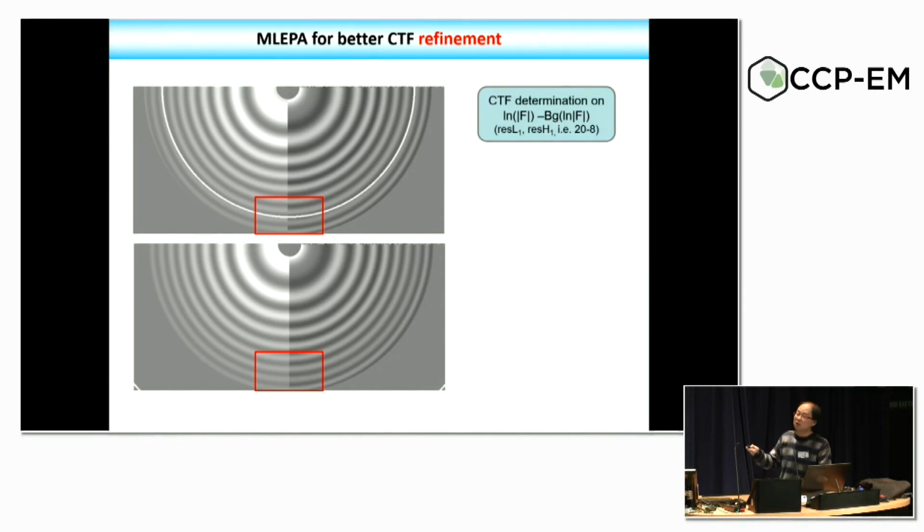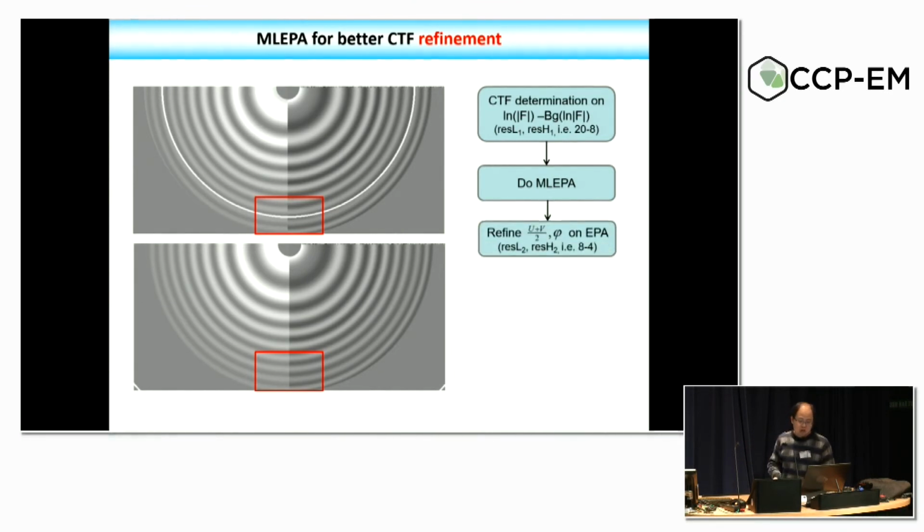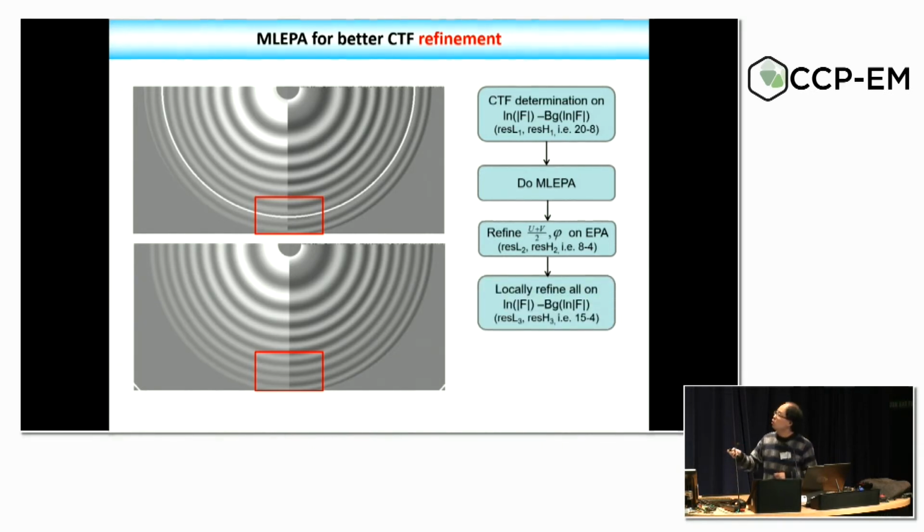So first we did normal CTF estimation using GCTF, and then do maximum likelihood equal phase averaging, and then refine the defocus and phase shift using the average power spectrum, and then go back to the original power spectrum and refine it locally, and then do new equal phase averaging. And you can get the same results from this to this.